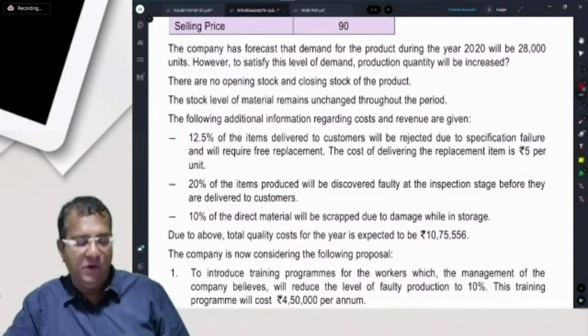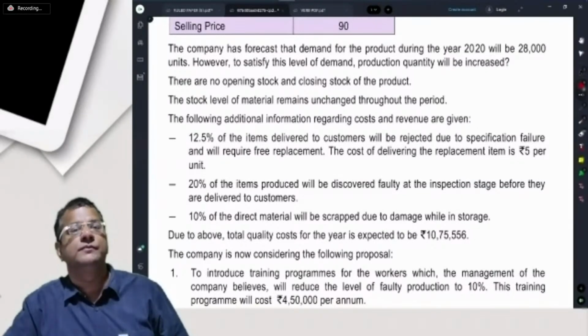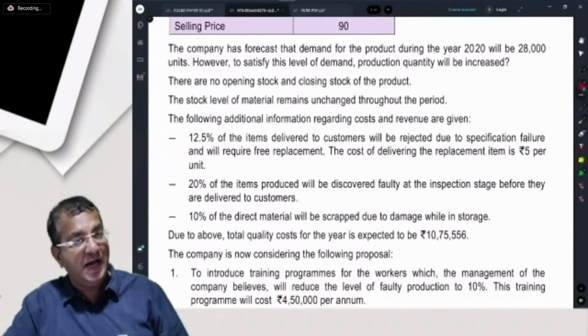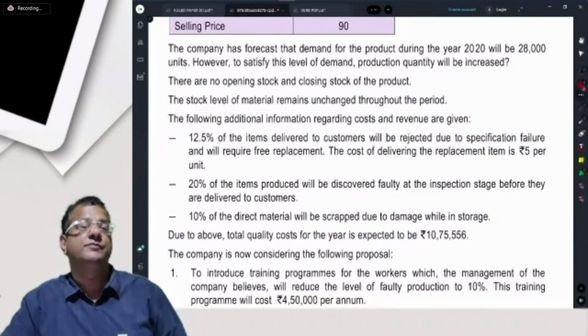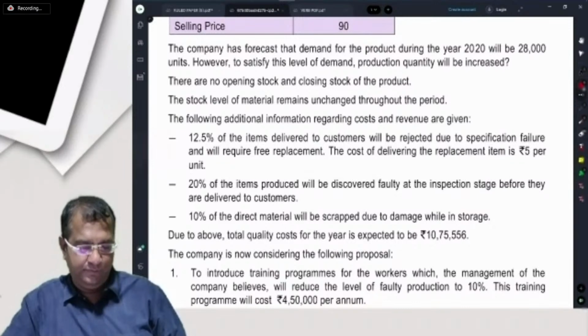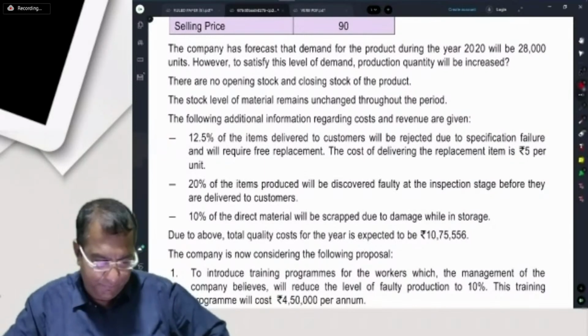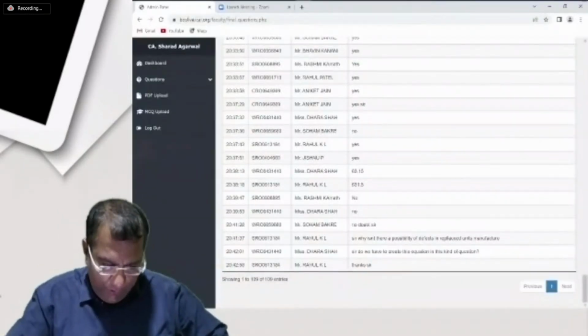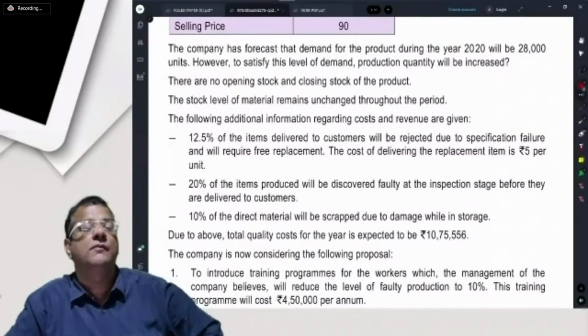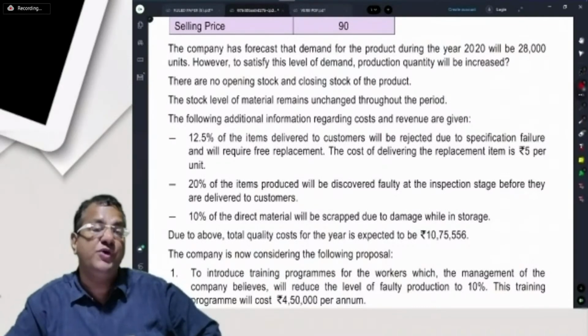Second point, 12.5% of the items delivered to customers will be rejected due to specification failure and require free replacement.